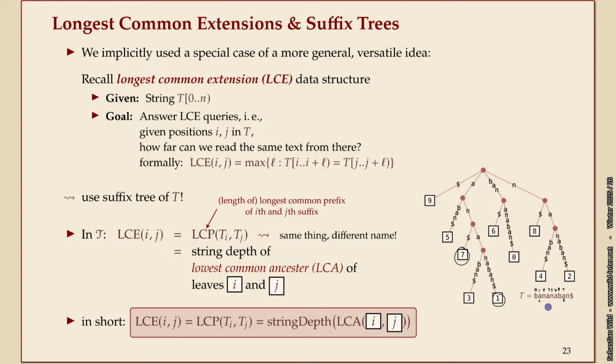They share AN as the common characters, and then one suffix is done, so they have to differ. How do you find this? Well, here are the two leaves. The lowest common ancestor is this guy, and it's at string depth 2. So a simple kind of connection to see, but it will turn out useful for solving longest common extensions, because we can express them in terms of the suffix tree.